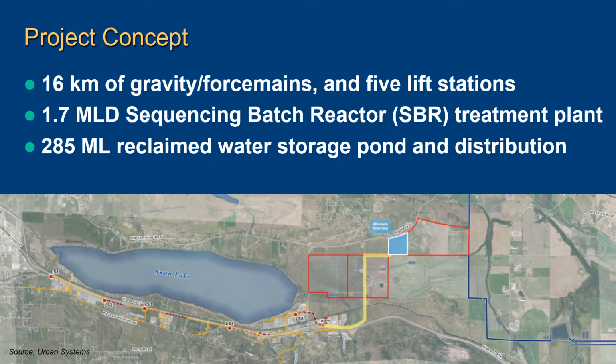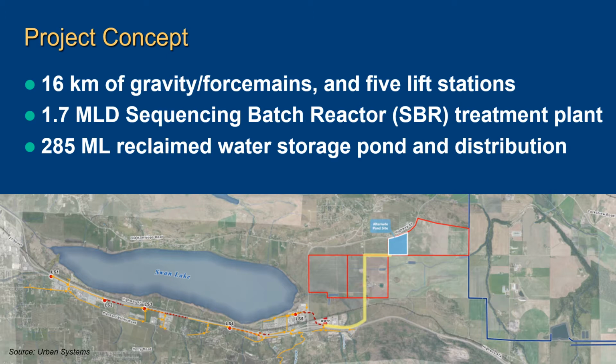Project concept is fairly straightforward. It involves introducing gravity and force main sewers. Because of the topography and the location of where the treatment plant was supposed to be, they introduced lift stations. It's a small plant.